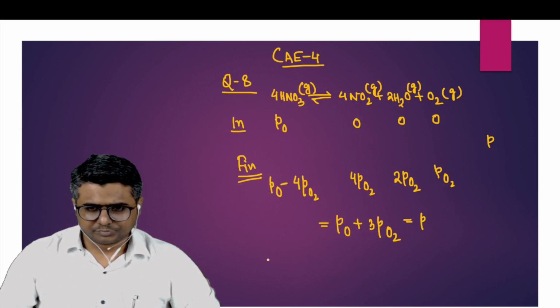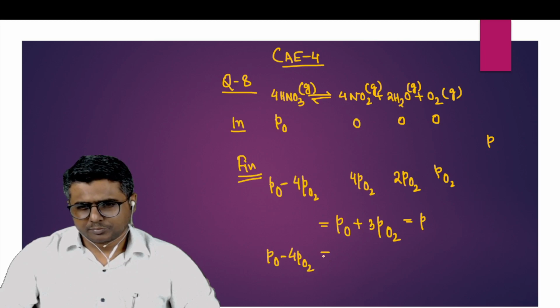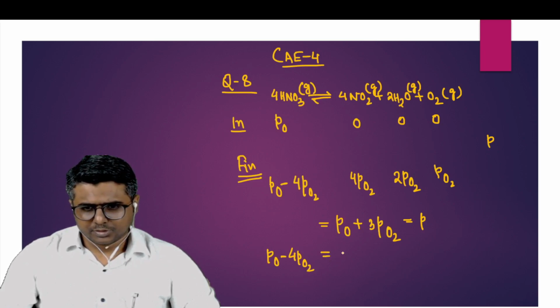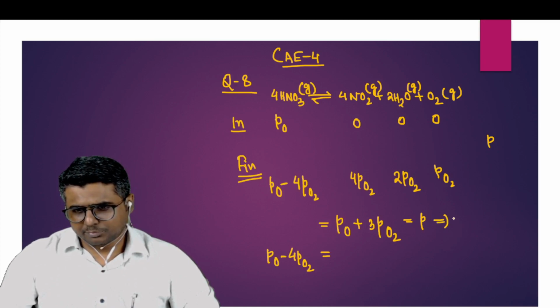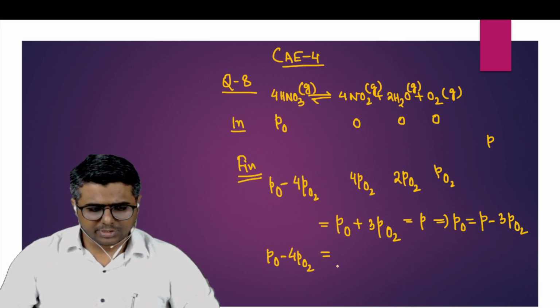So from here I can calculate P naught minus 4 PO2. From here you will get P naught is equal to P minus 3 PO2.